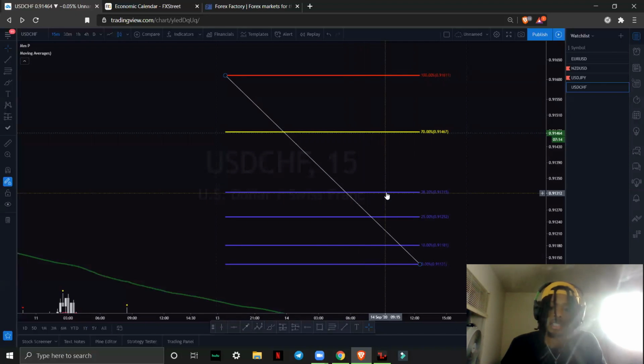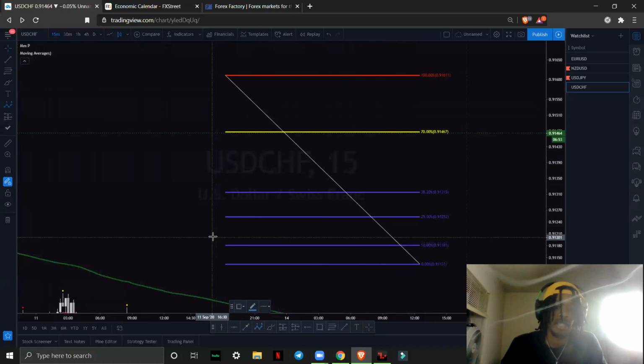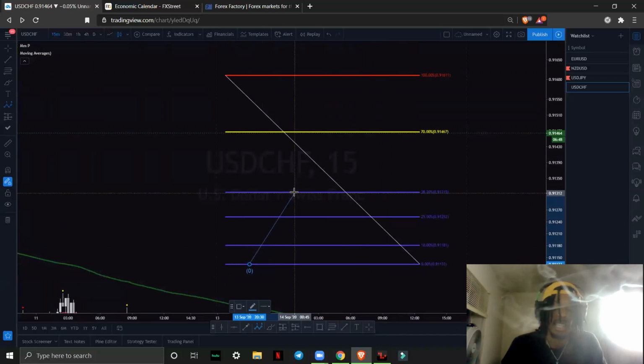38.2%. This is probably the most important fib level on the Fibonacci because price always bounces from this fib level. Whether you're waiting for the pullback and it comes, hold on, let me see. Okay, so price is coming up here and then it bounces from it.